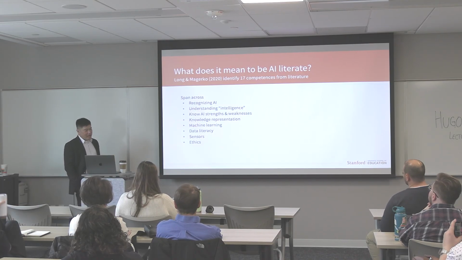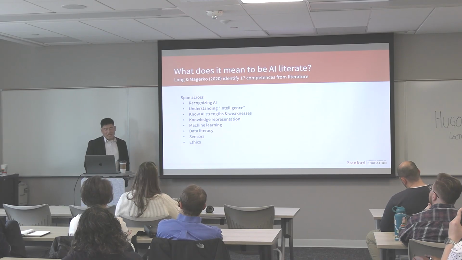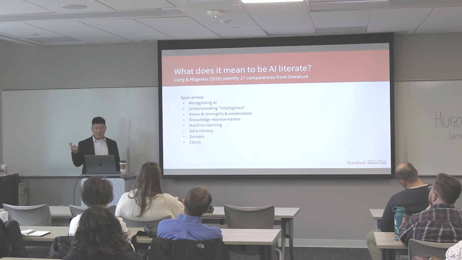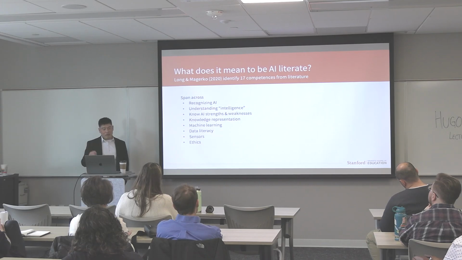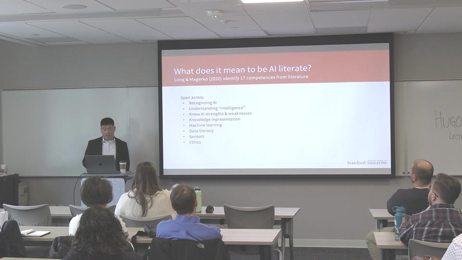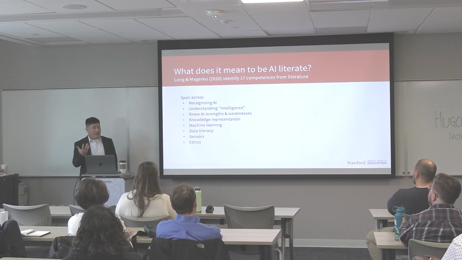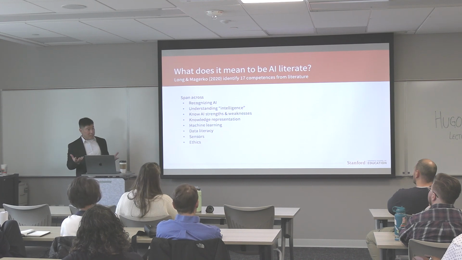They identified 17 competencies. They span across recognizing when something has AI in it, understanding intelligence, knowing the strengths and weaknesses of AI, knowledge representation, machine learning, data literacy, sensors, and ethics. So those all sort of fit within that. It's kind of a hodgepodge big list.